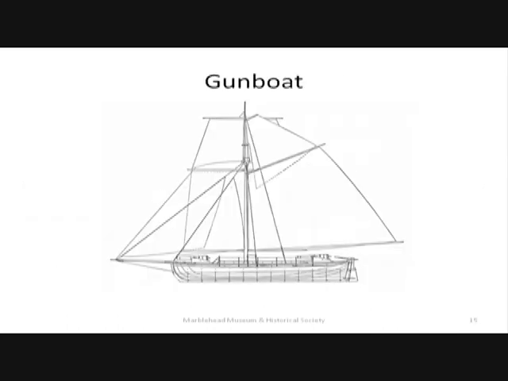This is a typical one of these gunboats, which you never see a painting of because they were small. This is a 50-footer. They were 50 to 70 foot long. They carried 1 to 2 guns. This happens to be a 2-gun version. Obviously, they did not fire straight fore and aft, or there wouldn't be any mast or any rigging.